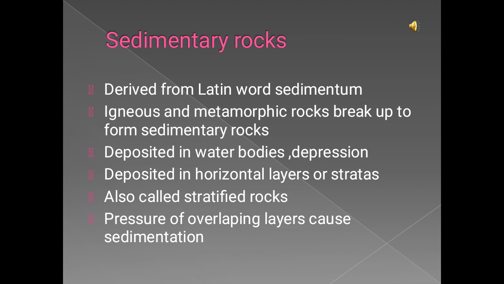So the sediments are actually provided by original igneous or other types of rocks. Thus the sedimentary rocks are also called the secondary rocks, means they are the second to be formed. As we had discussed, igneous rocks are primary rocks, sedimentary rocks are the secondary rocks. Clear?